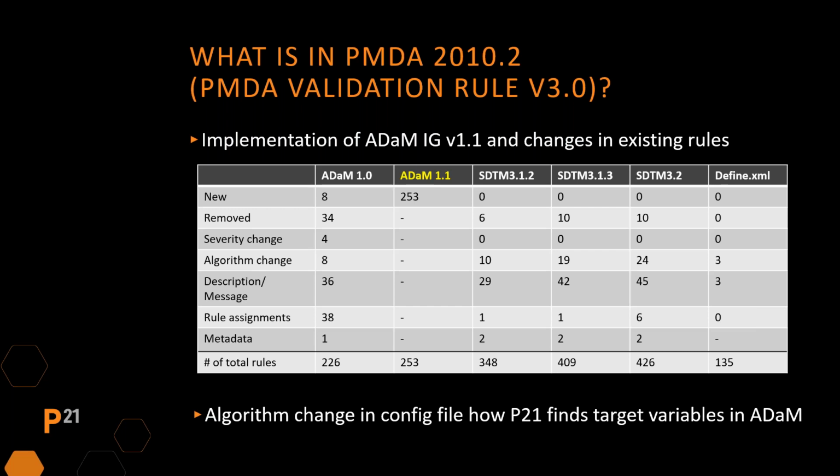Aside from each IG's rule algorithms and modification, we modified algorithms in the config file in ADaM, how Pinnacle 21 finds target variables. So let me explain the main points of each from the next slides.